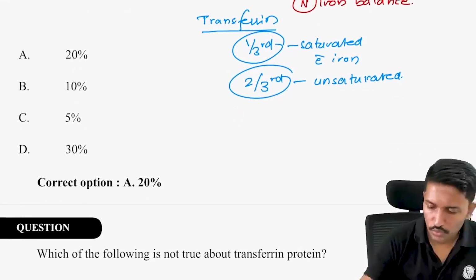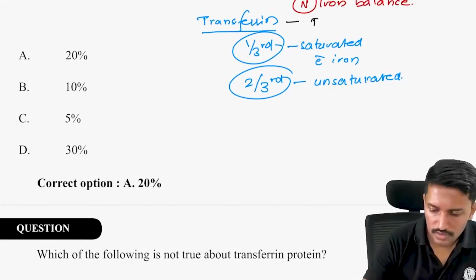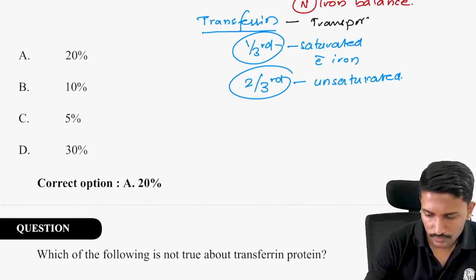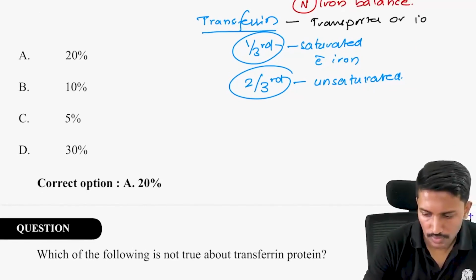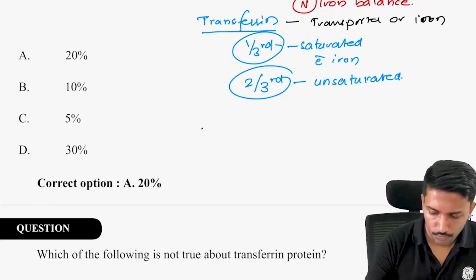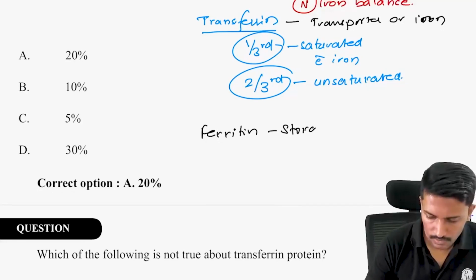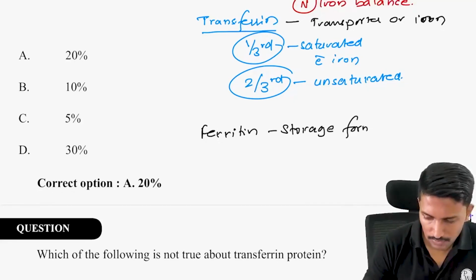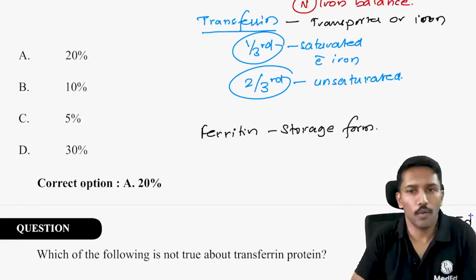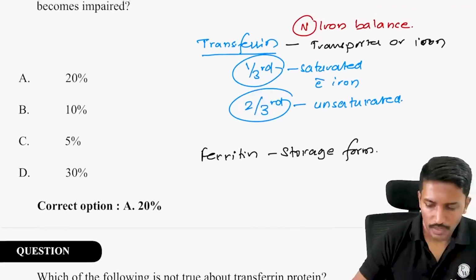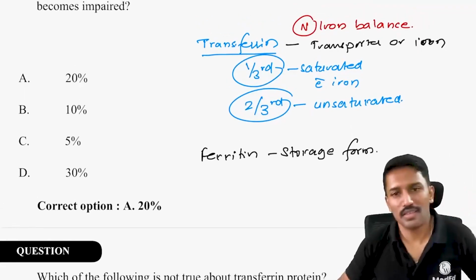So there are 2 points to note here. The transferrin is the transporter of iron, and ferritin is a storage form of iron. Okay. Now the point here is, if I have low iron, then low iron is absorbed from the gut.